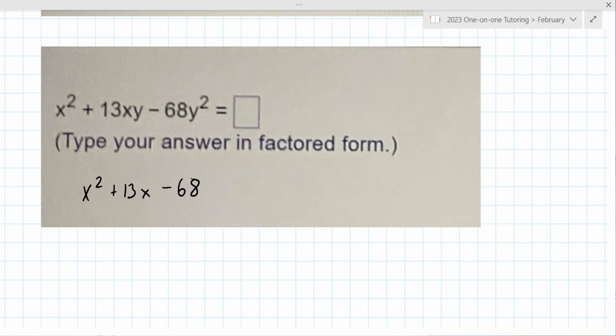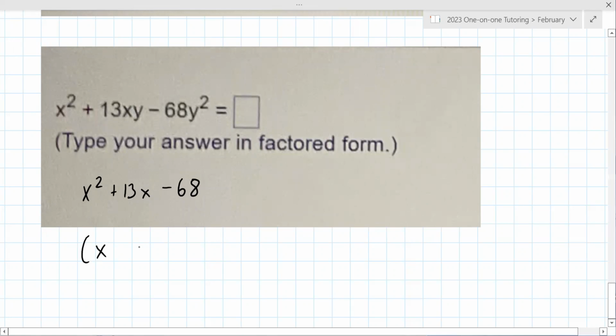Again, two numbers that multiply to -68 but add up to 13. Okay. So that'd be -4 and +17.